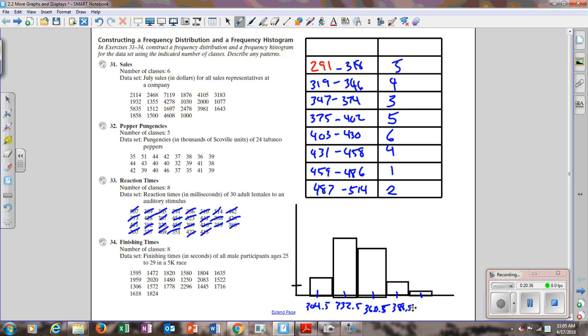And 416.5. Then 444.5. And lastly, 472.5.